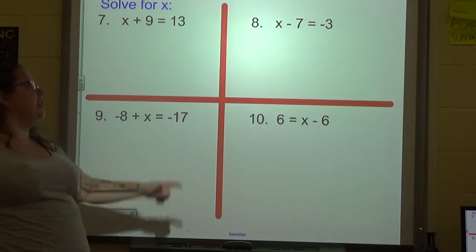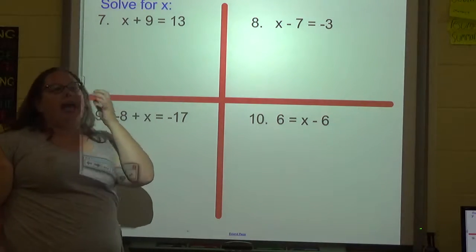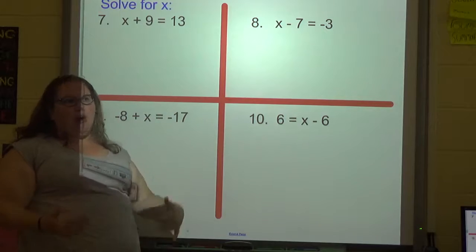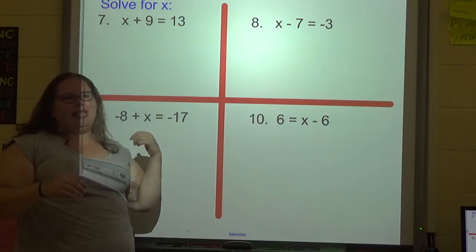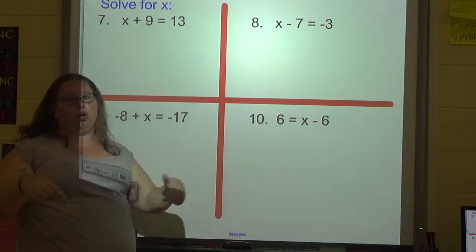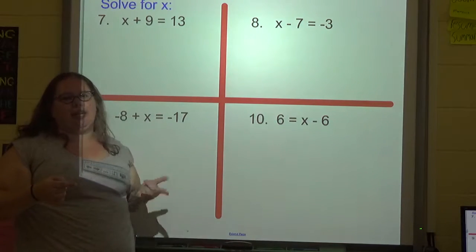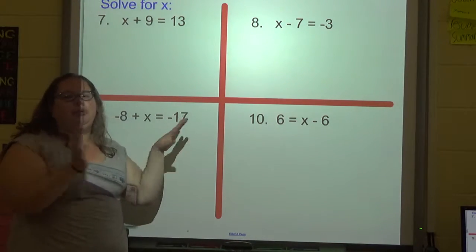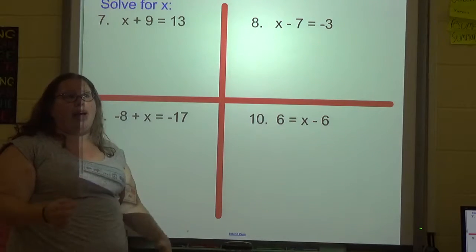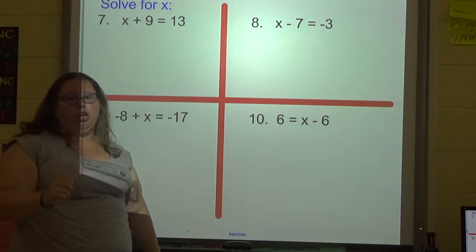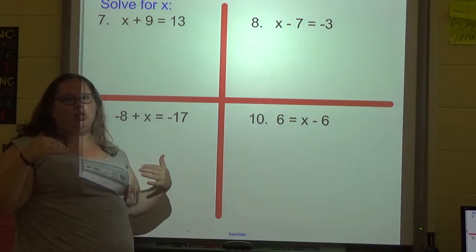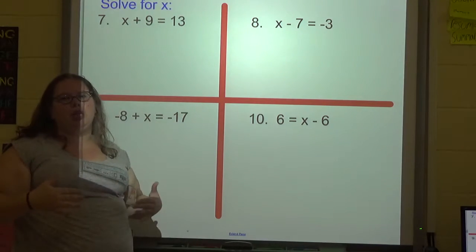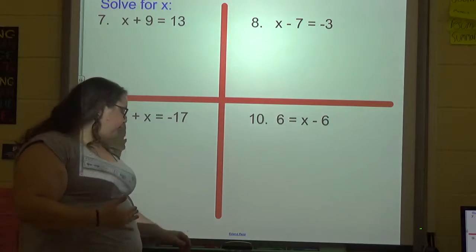I know it's 4 because 4 plus 9 is 13. And that's fabulous. However, it is important to show your work, because as solving equations gets more complicated, you can't necessarily figure it out in your head. At this point, it's really about showing the work to make sure that you know the process so that those more difficult problems come easier to you.